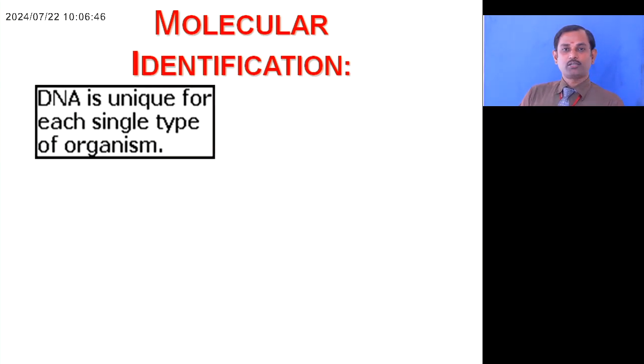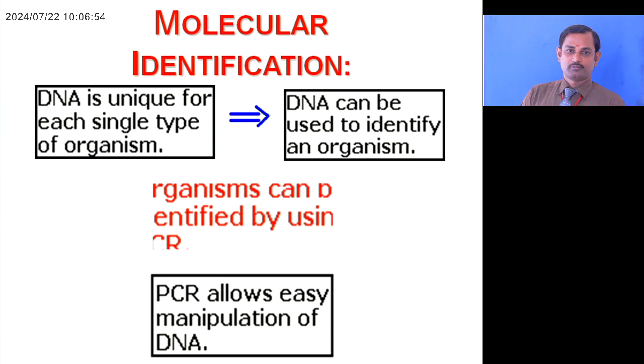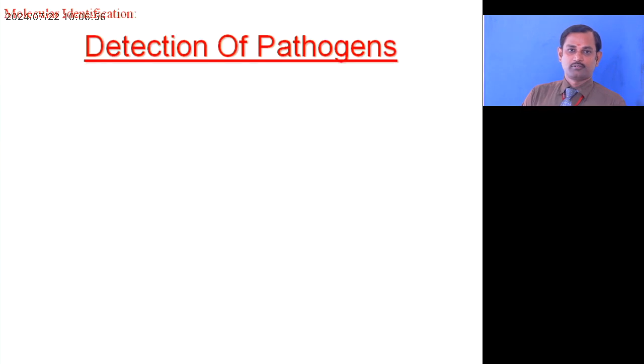This can be used for molecular identification, so you can identify a particular species at the molecular level. In detection of pathogens, you can detect whether the pathogenic gene is present in the particular pathogen or not.